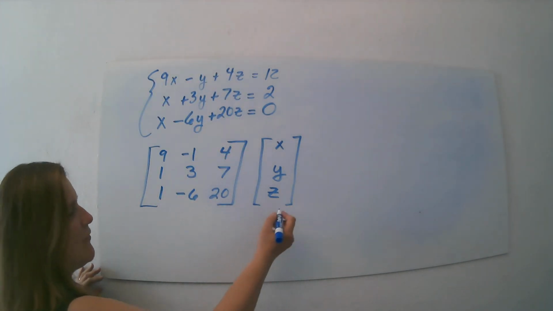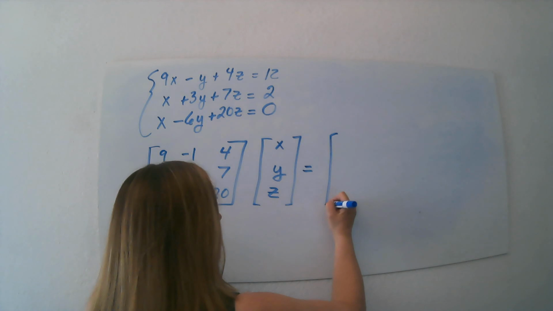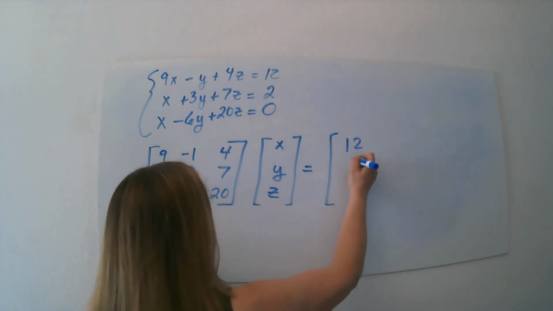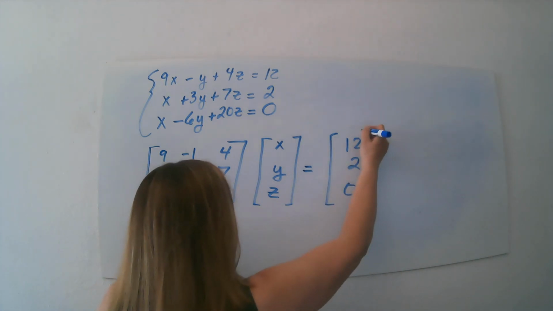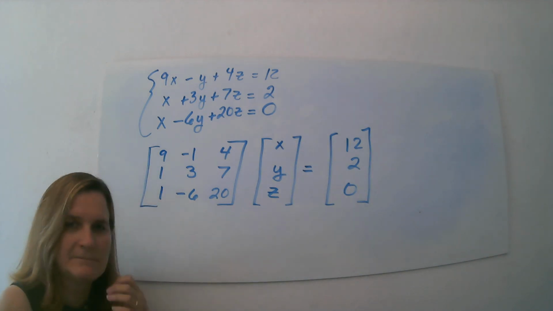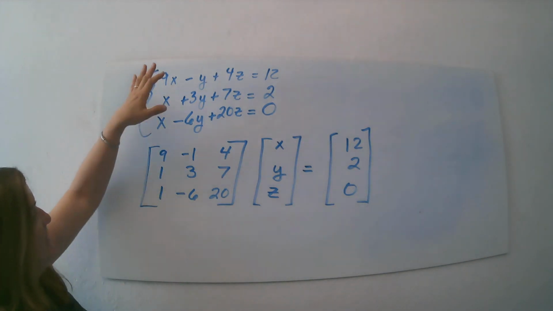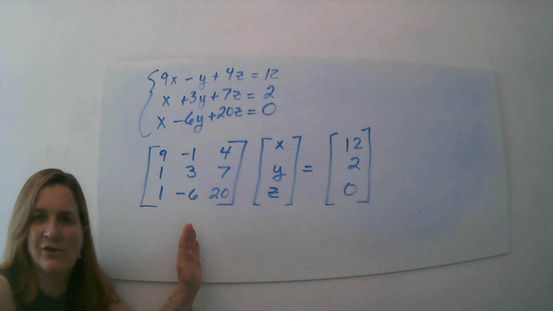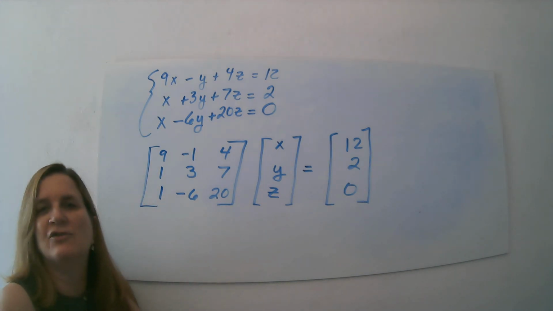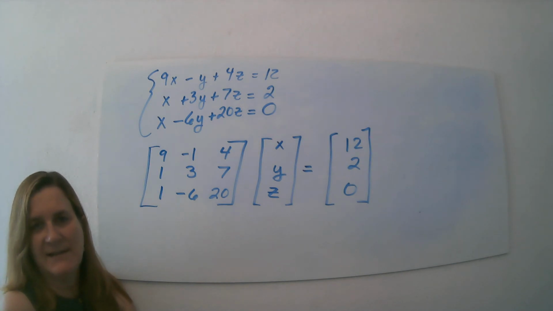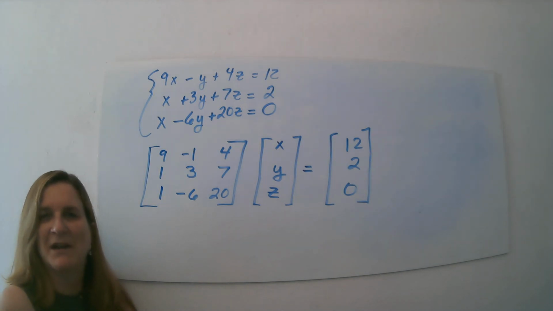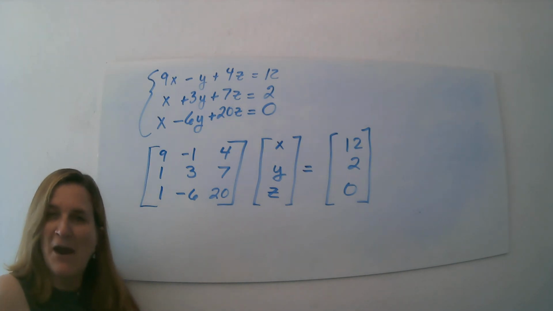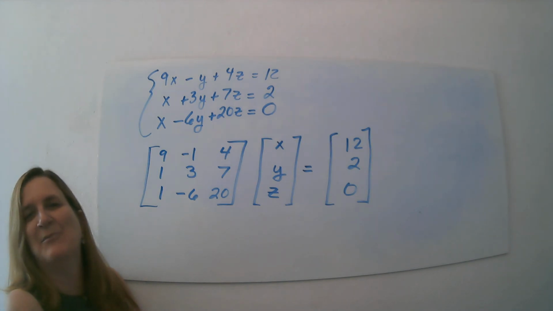But we want that product to equal this constant matrix, 12, 2, 0. Now the ability to take a linear system and rewrite it as a matrix equation will lead us to another way of solving systems, but that's going to be a topic of another video. For now, go practice multiplying matrices together.